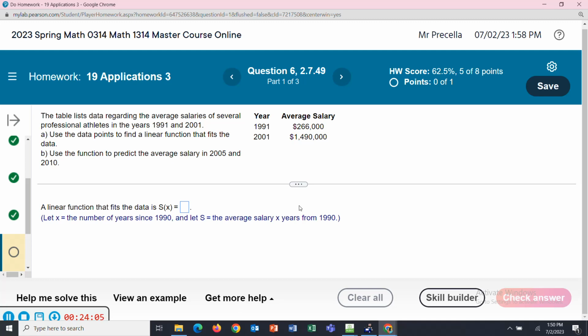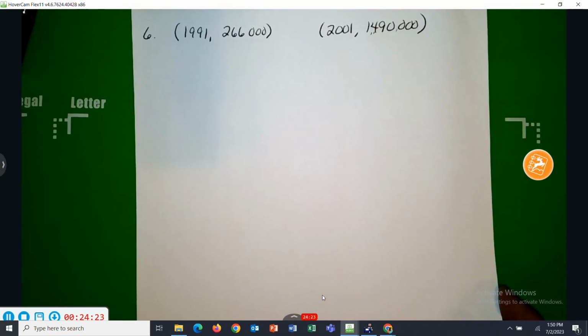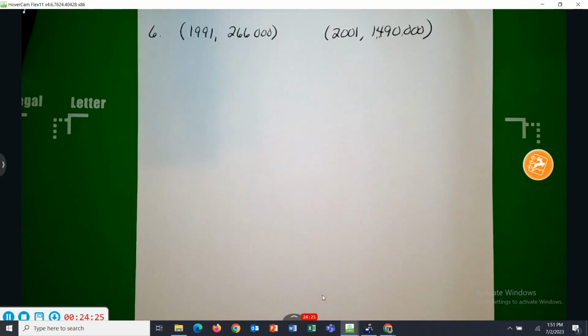What we're doing here is we're going to find the equation of a line when we're given 2 ordered pairs. That's what we're trying to do, find the equation of the line when we're given 2 ordered pairs. We've already done homework like that. You find the slope and plug into y equals mx plus b.